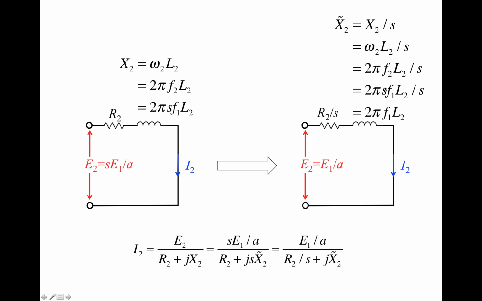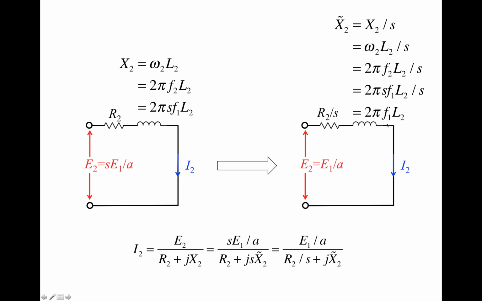F2 equals S times F1. And don't forget that we're dividing by S here, so this S and this S cancel out. So X2 wiggle equals 2 pi F1 times L2.